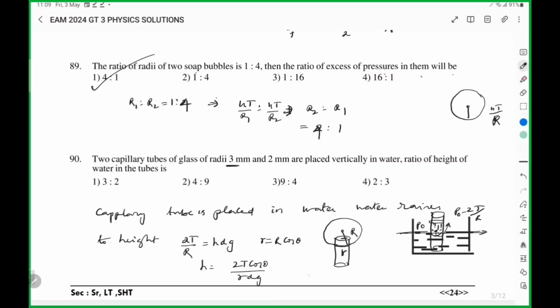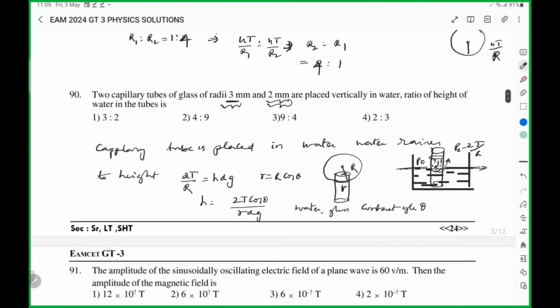Since it is pure water and glass, the contact angle is the same. In both cases, radii are 3 mm as well as 2 mm. So h1 by h2, with density same, g same, tension same, cos θ same, only depends upon radii, r2 by r1, that is 2 by 3. So h1 is to h2 will be 2 is to 3.